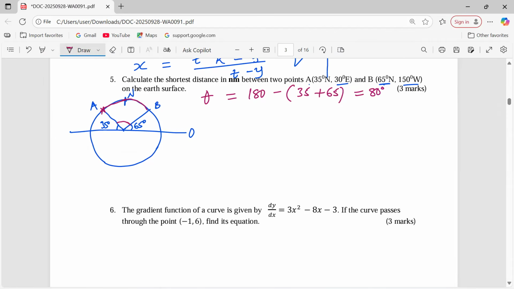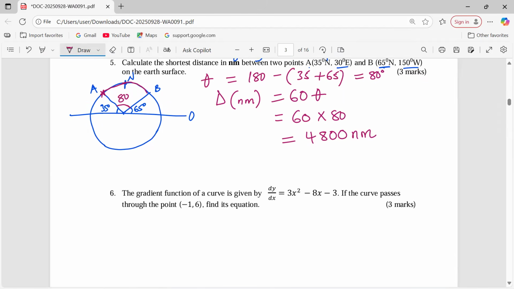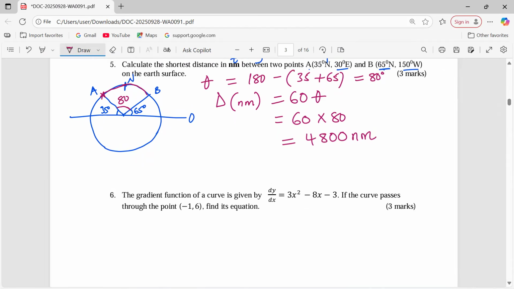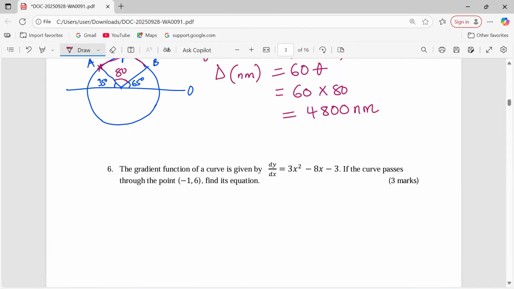The theta there is 80. So distance in nautical miles is given by 60 times theta when the circle is a great one. 60 by 80 shall give us 4800 nautical miles. So that is the distance in nautical miles along the great circle, or rather the shortest distance.